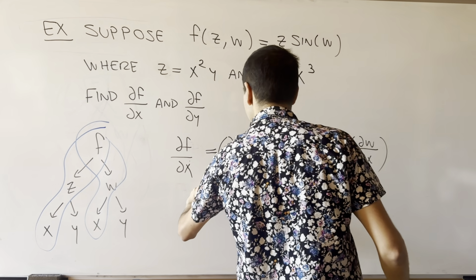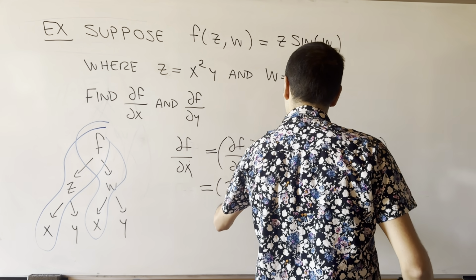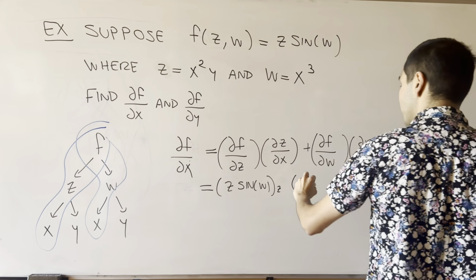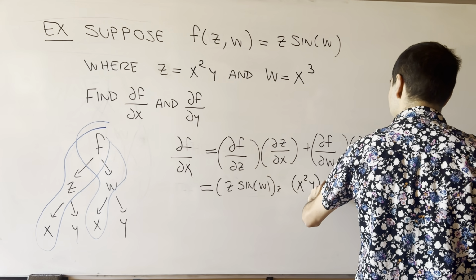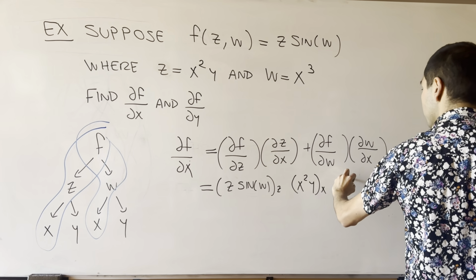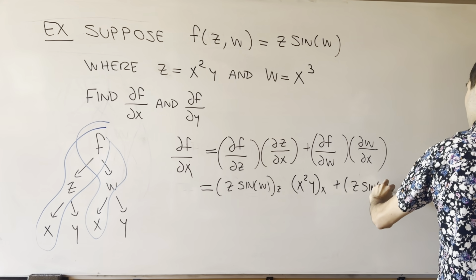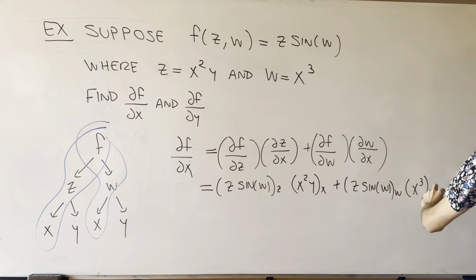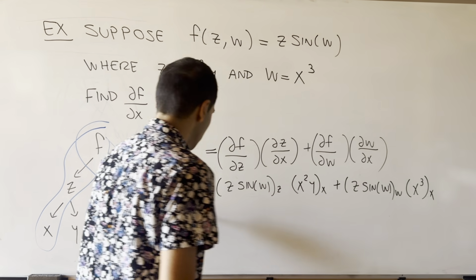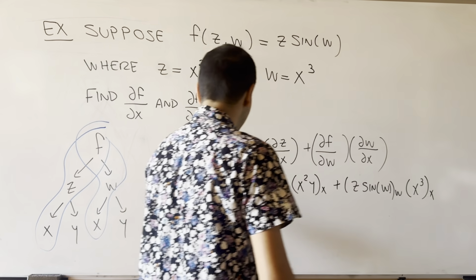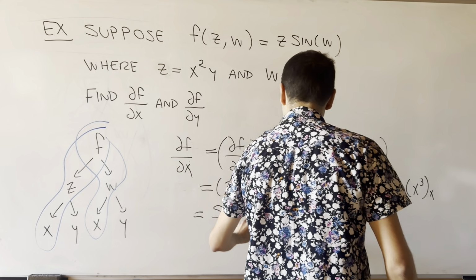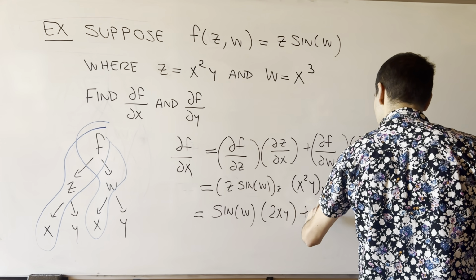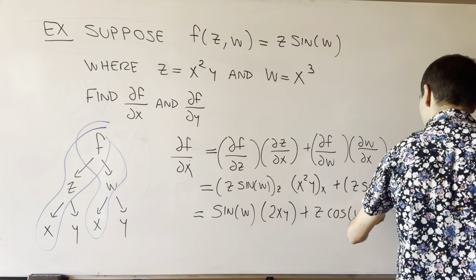And now what this is, that's z sine of w with respect to z, and then z is x squared y with respect to x, and then plus z sine w with respect to w, and then x cubed with respect to x, which in this case becomes sine of w times 2xy, and then plus z cosine w times 3x squared.